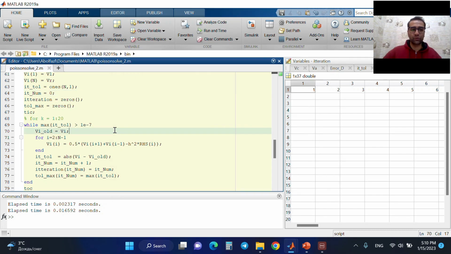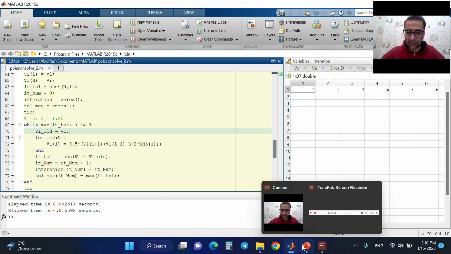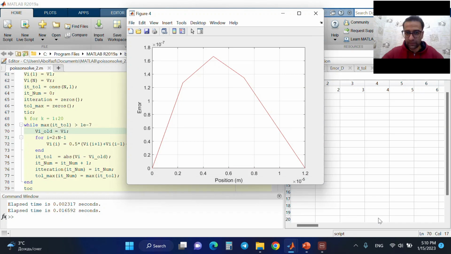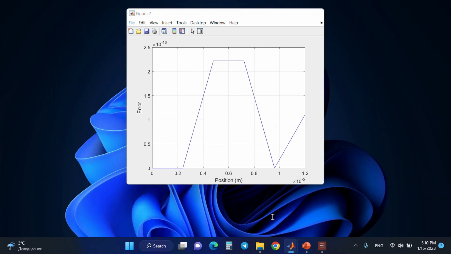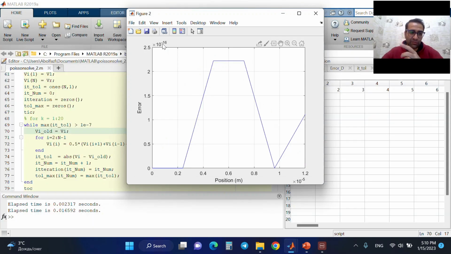We can define some tolerance. And just for comparison, when we define the tolerance to be on the order of 1e-7, you see how much the error is? It's about 10 to the minus 7. Therefore, we want to make it as close as possible to the direct calculation, 10 to the minus 16.